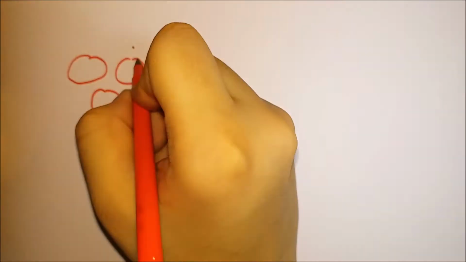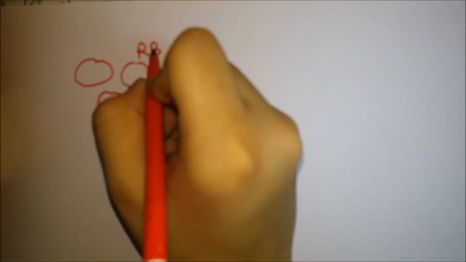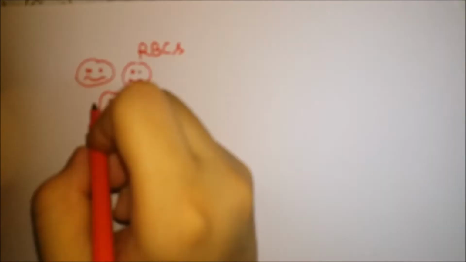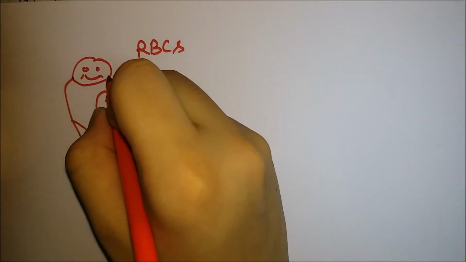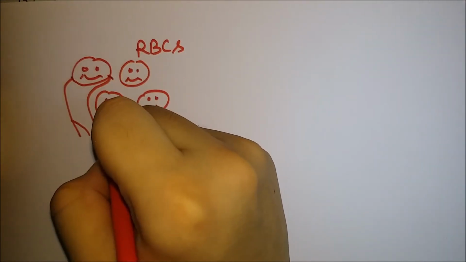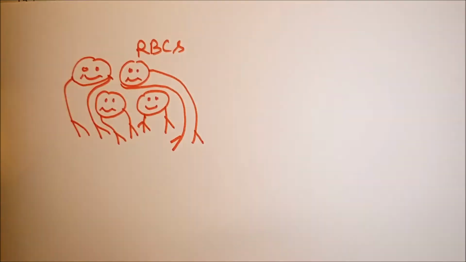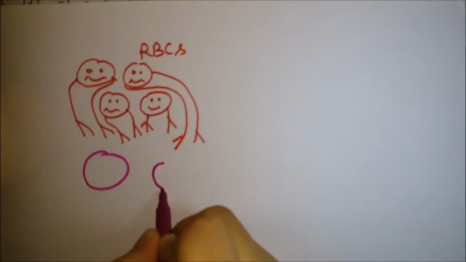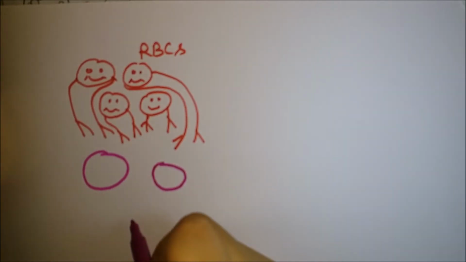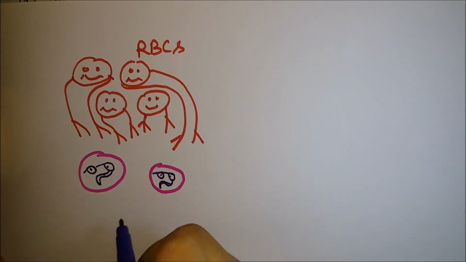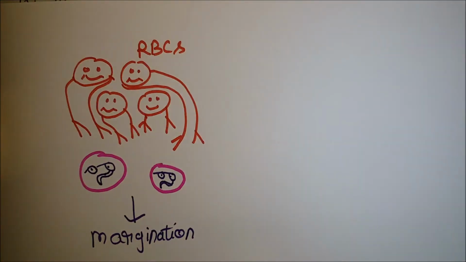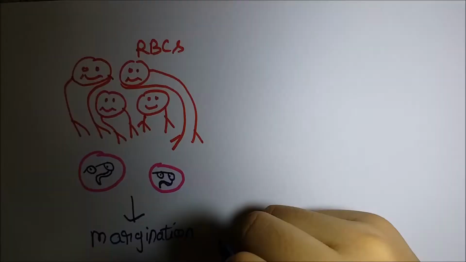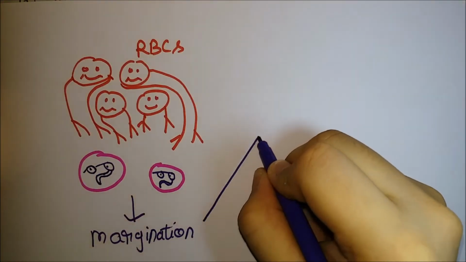If the percentage of RBCs increases at the site, they push the WBCs or leukocytes, because RBCs are far more in number than the WBCs. So this is called margination, in which the WBCs are pushed to the periphery due to the clumped RBCs.